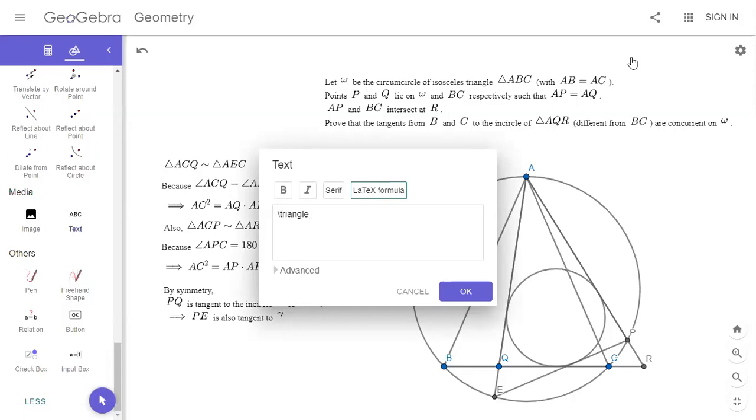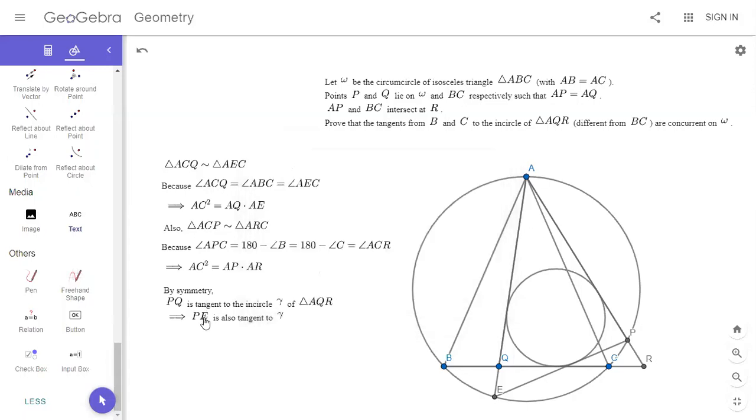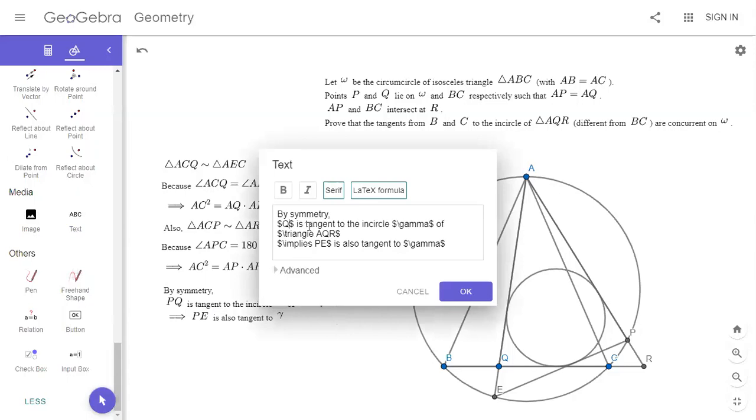QR is tangent to gamma, not PQ. Oh yeah, sorry, my bad. This should be QR. Thanks for the correction.